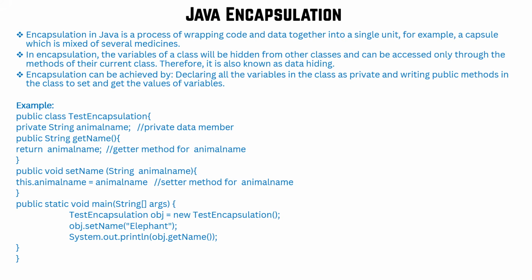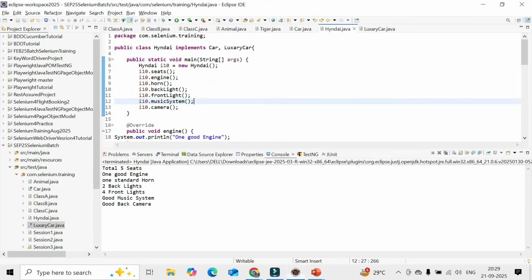Encapsulation can be achieved by declaring all the variables in the class as private and writing public methods in the class to set and get the values of the variables. So we can have the public class, private variables, and then getter and setter methods, which will again be public. Okay, let's see the implementation.